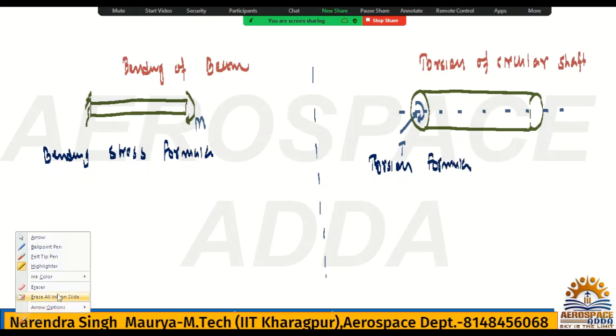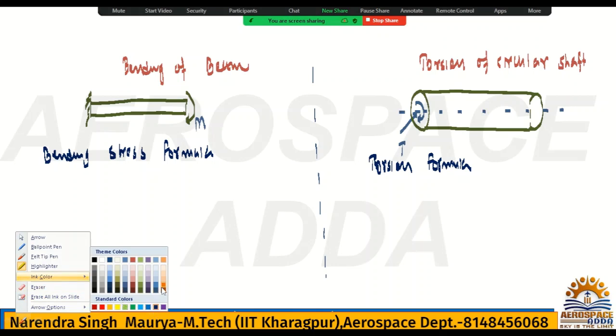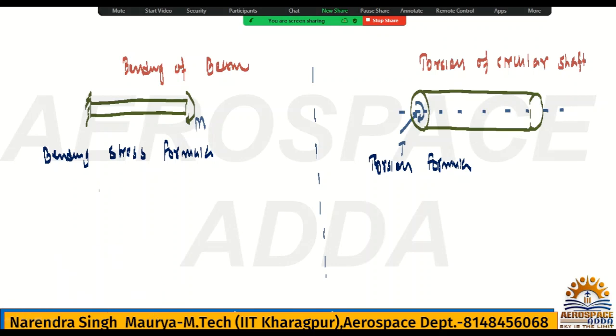In the bending formulation you had seen it was sigma upon y is equal to M divided by I, and it was E by R. In the same way we have here the formula tau divided by R is equal to T divided by J is equal to G theta divided by L. It's just like an analogy.